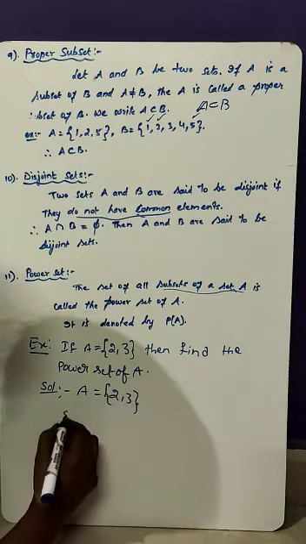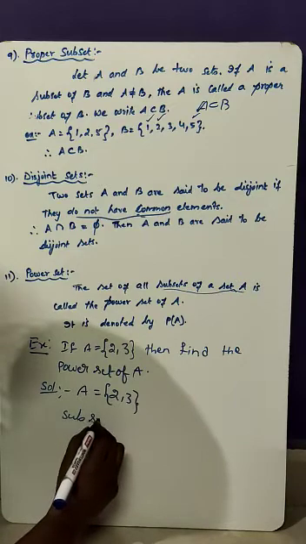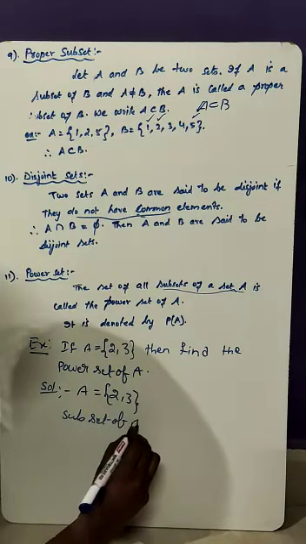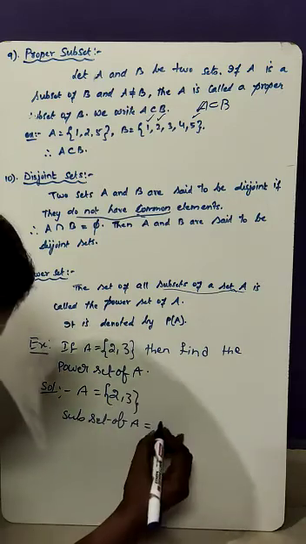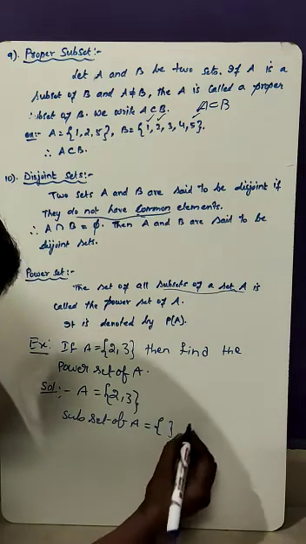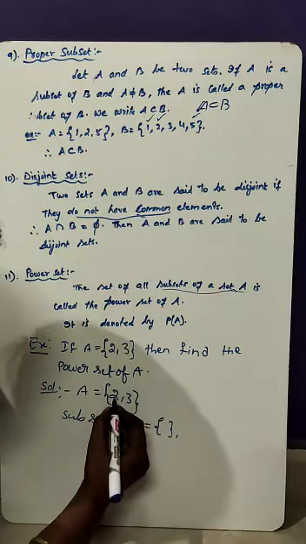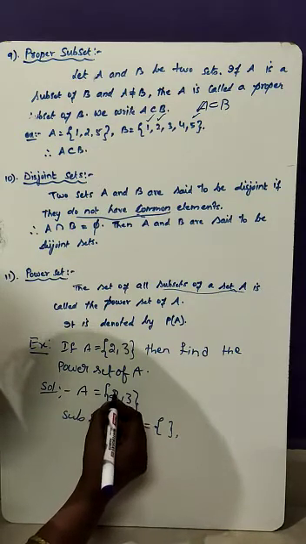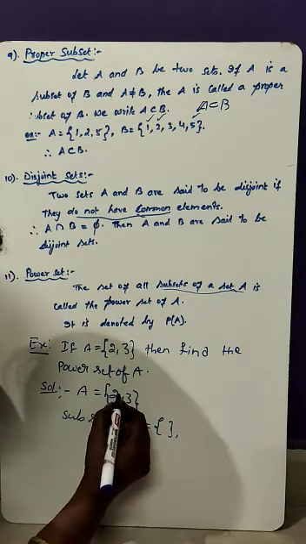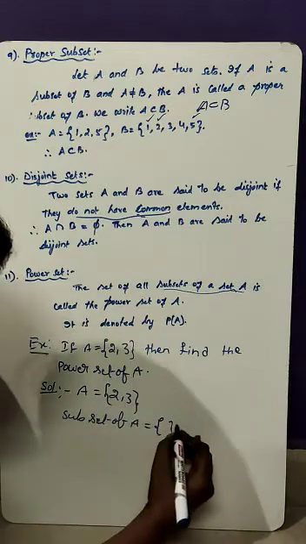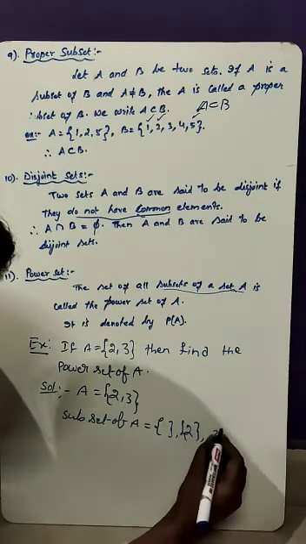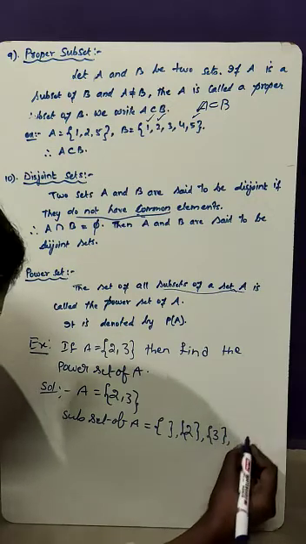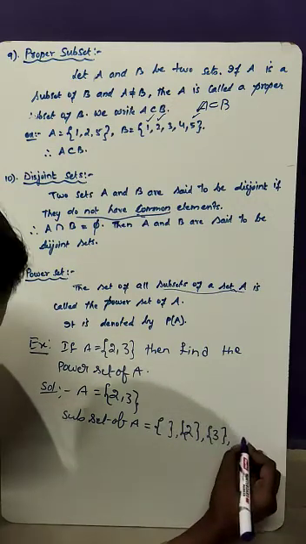The subsets of A: first write the empty set, then, since you have two elements, write 2 separately, 3 separately, and then write them together, 2, 3.